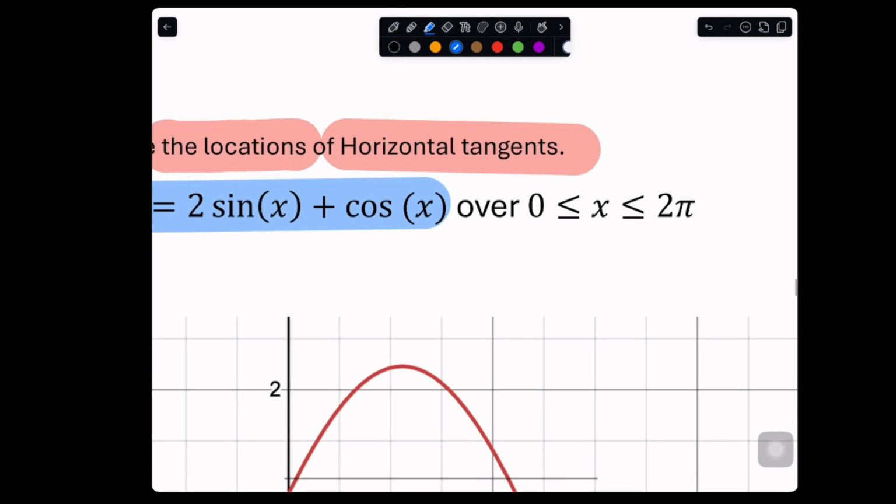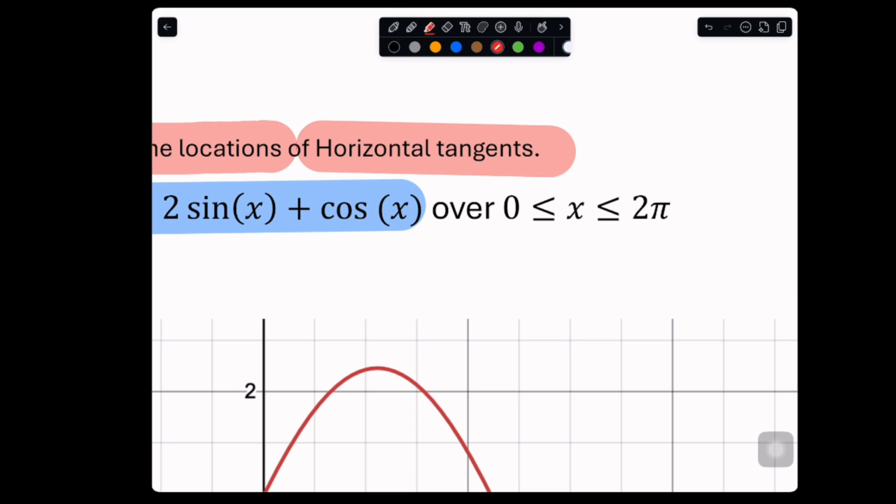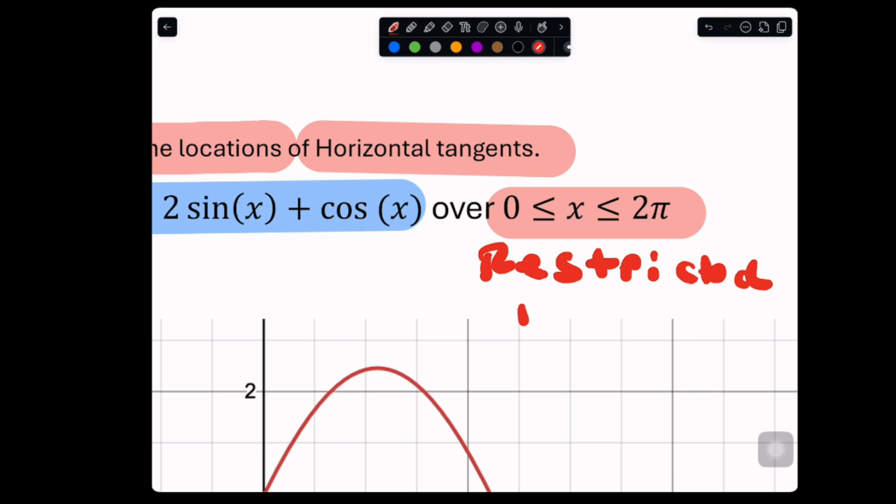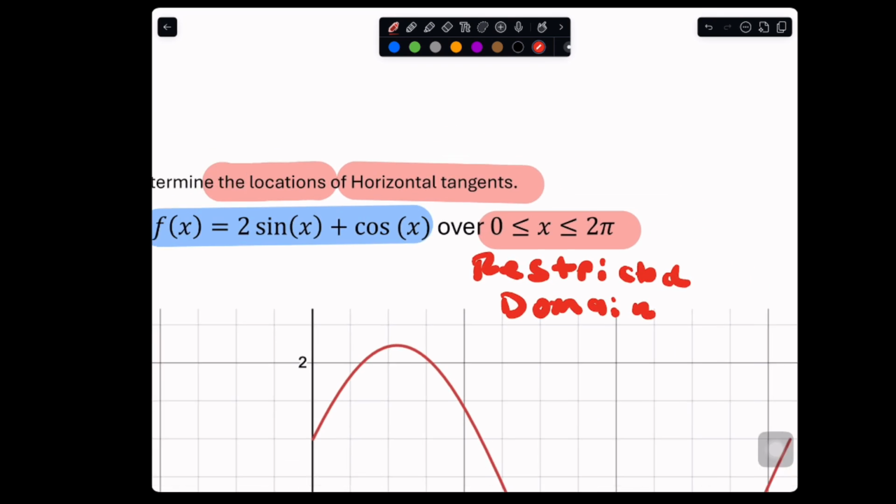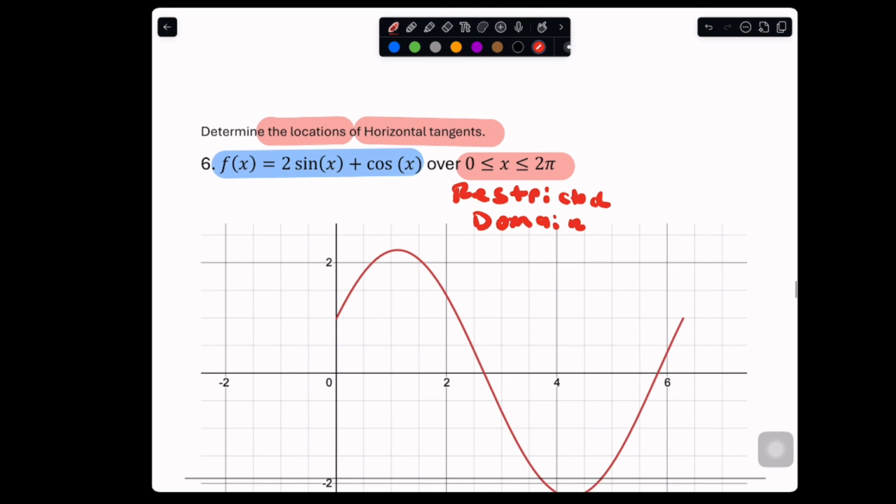And it's over a particular interval. This was a restricted domain. This is not all real numbers now. You restrict your domain to only be from 0 to 2 pi. So you're looking at particular solutions and not general solutions over that interval from 0 to 2 pi.